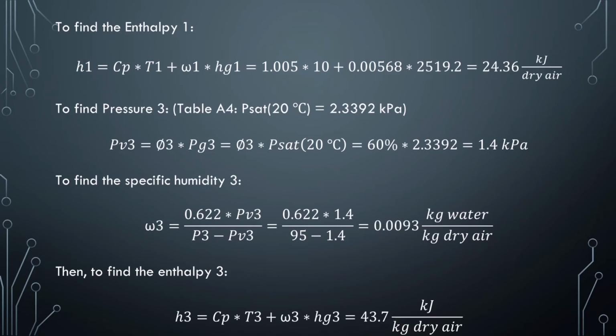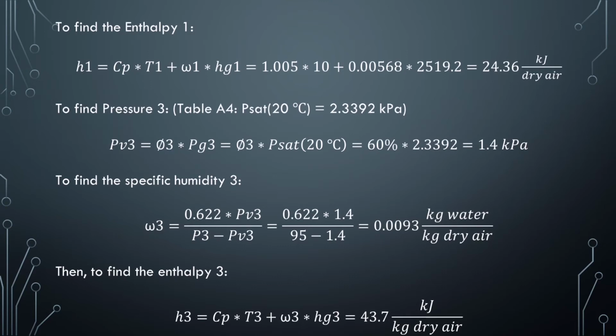To find the enthalpy 1, remember this equation, and again after replacing, enthalpy 1 is 24.36 kilojoule per kilogram dry air.